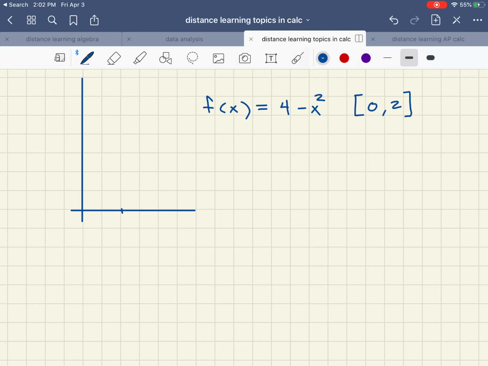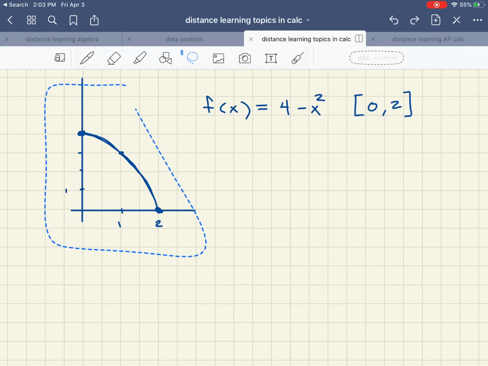Actually, I'm going to use my scale on the x-axis to be a half. 1, 2, 3, 4. So we're here, we plug in 1, we get out 3. We plug in 2, we get out 0. So that's the curve, sort of. And we're trying to find the area. Okay? Now I'm going to copy that because I'm going to use it a couple times.